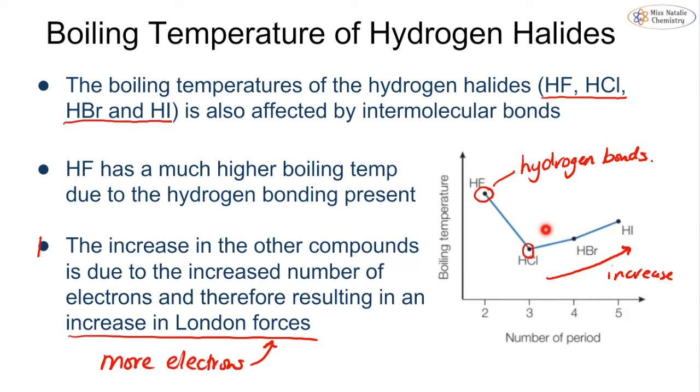Therefore, we get an increase in London forces. That means that we need more energy to break the bonds, of course then giving us a higher boiling point. So in your answers, you should always be referring to the fact that it requires more energy to break a specific set of bonds, and that's why you get a higher boiling point.